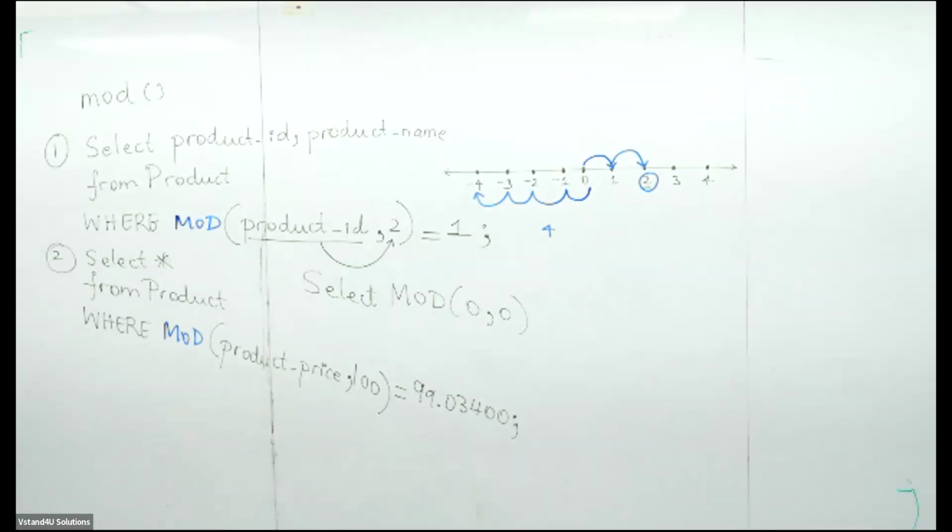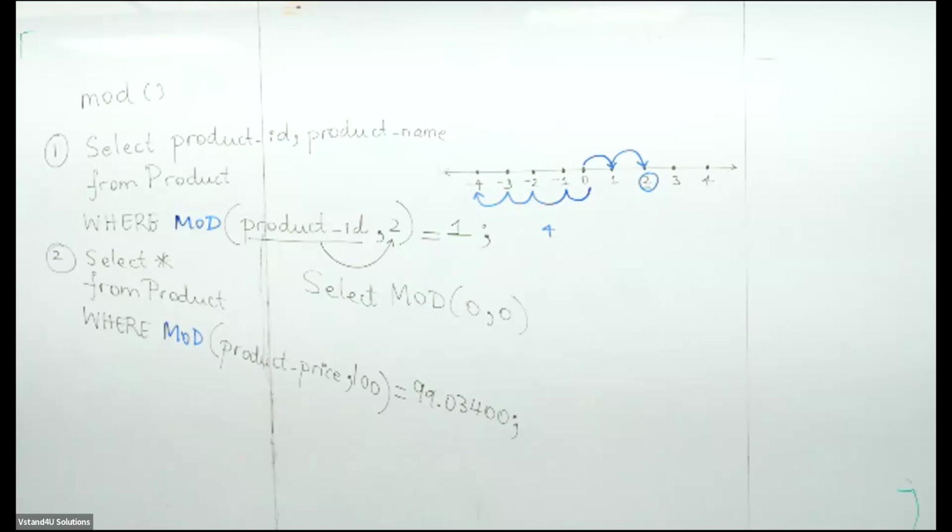Then absolute value of product price, so can I use the function ABS here? ABS of product price. They are using a column alias also, AS absolute value. From which table? From the table called product. Clear?